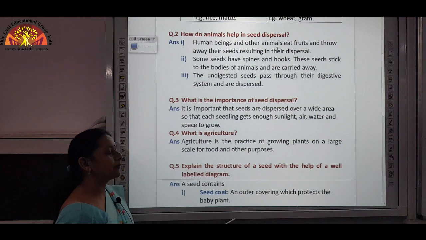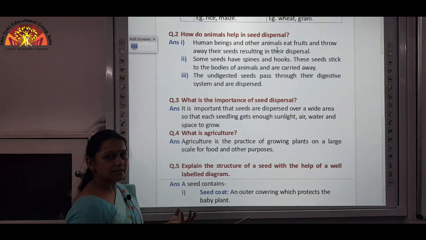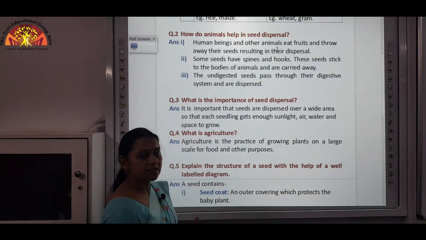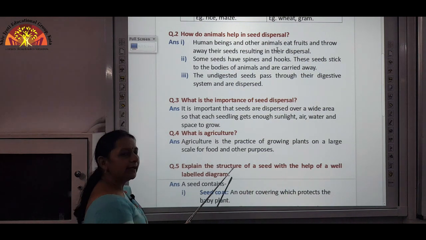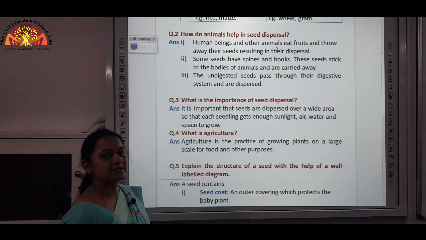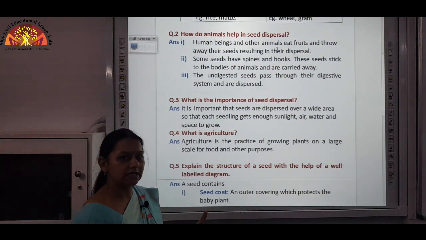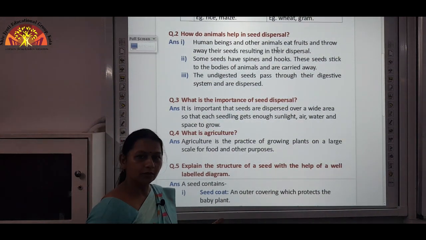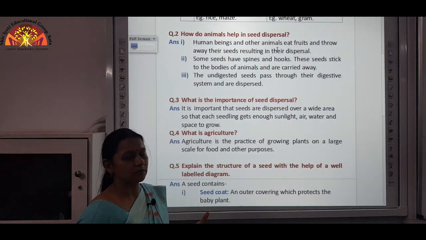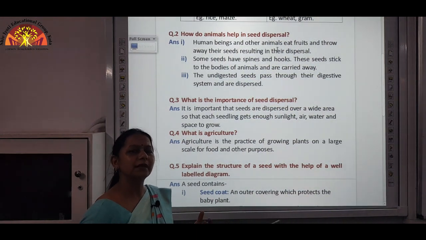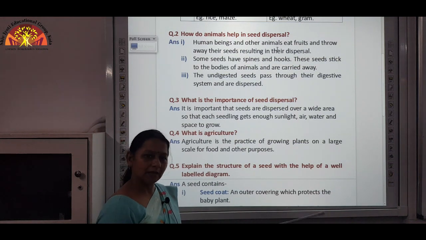Agriculture is the practice of growing plants. We grow some plants or some crops on a large scale for food and other purposes, like rice and maize, which are grown for food. Some crops like cotton and other plants are grown for medicinal purposes or some other purpose.